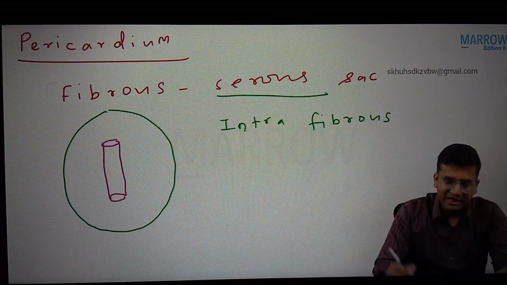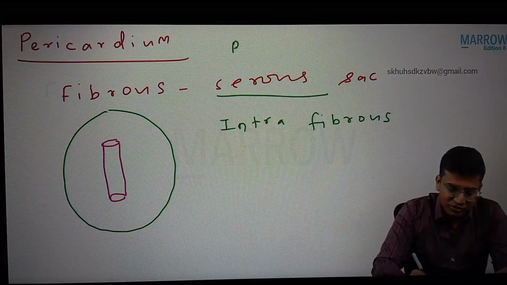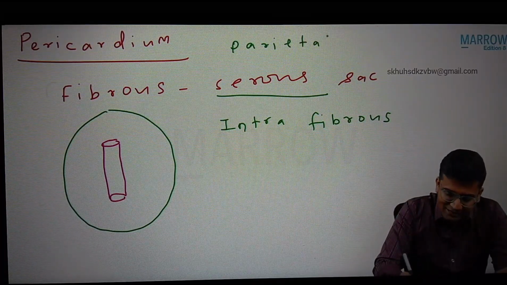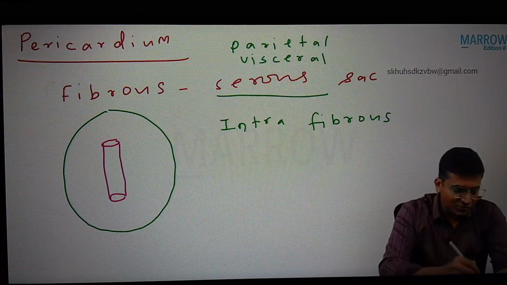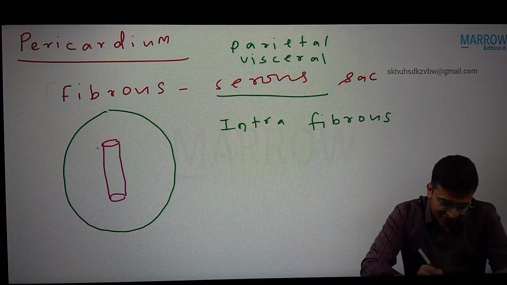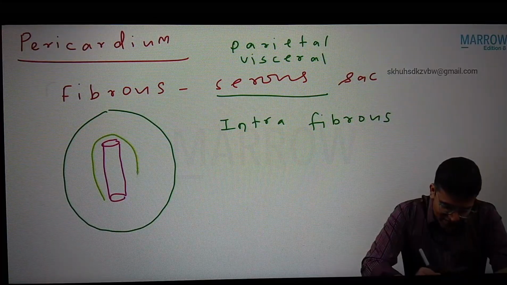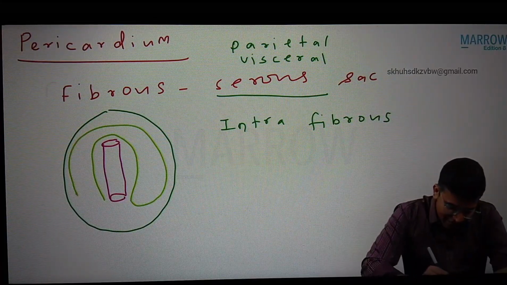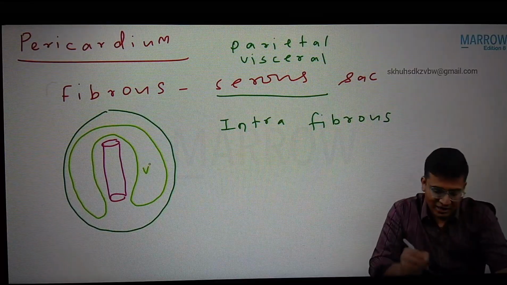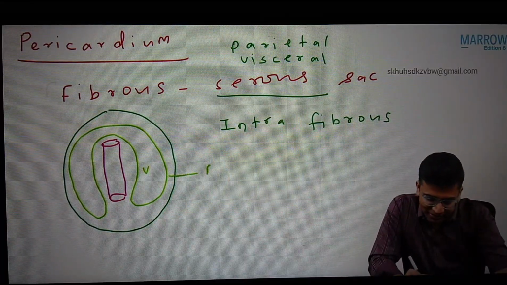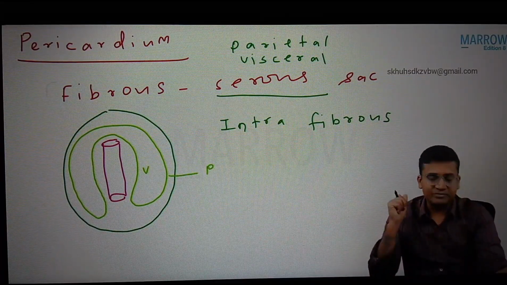Now the serous layer is made up of two layers. What are those? Parietal layer and visceral layer. Now you see the reflections of the serous layer. The inner one is called the visceral layer, I am writing it as V, and the outer layer is called the parietal layer. Now see the diagram.